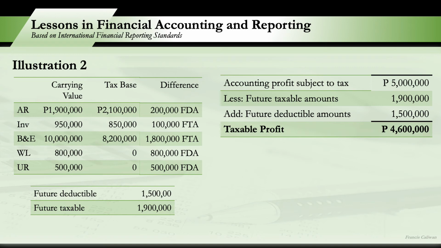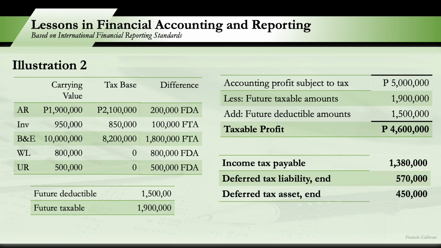From that amount, 4.6 million times our income tax rate of 30%, and then future deductible amounts of 1.5 million times our tax rate. There is no future enacted tax rate, so we will also use 30%. And then future taxable amount of 1.9 million times the tax rate, we will get these taxes.